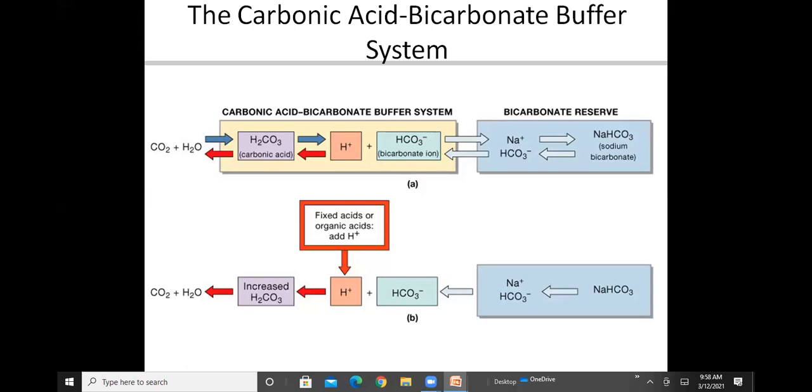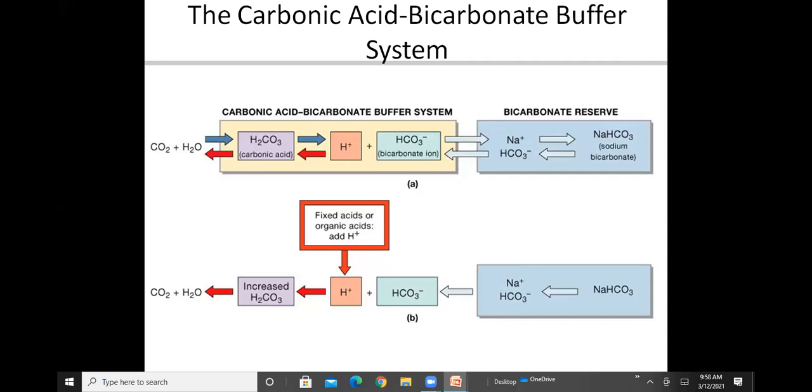So the fixed acids and organic acids, when they add hydrogen ion, the bicarbonate from the reserves can pick up these hydrogen ions and then increase the level of carbonic acid within the body. And this carbonic acid can then be degraded into carbon dioxide and water. And carbon dioxide is released via the respiratory system.